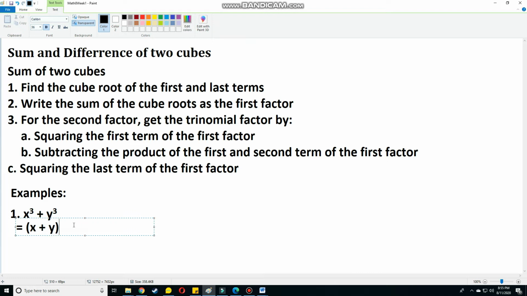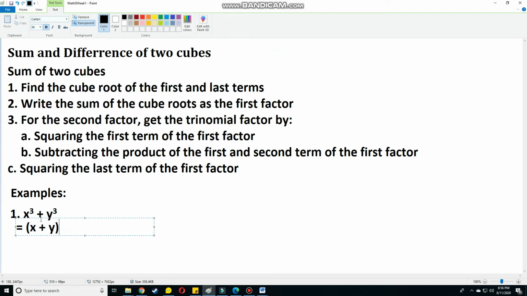Now let's go to the third step. For the second factor, get the trinomial factor. As clearly as it is stated, the second factor would be a trinomial.